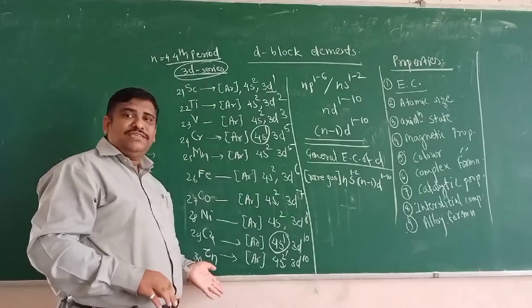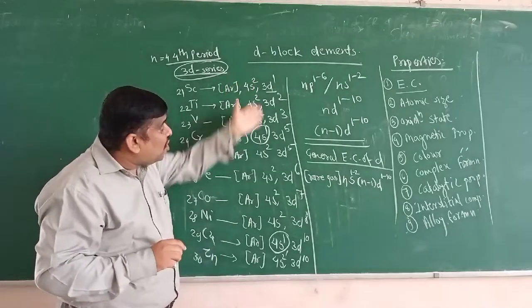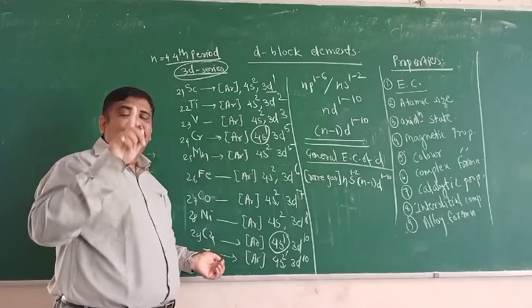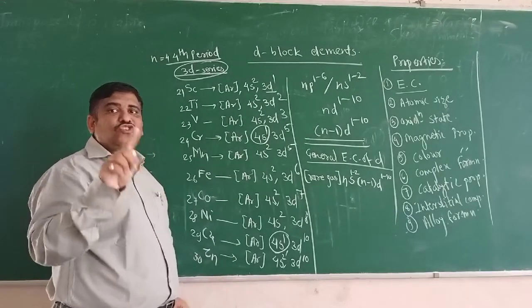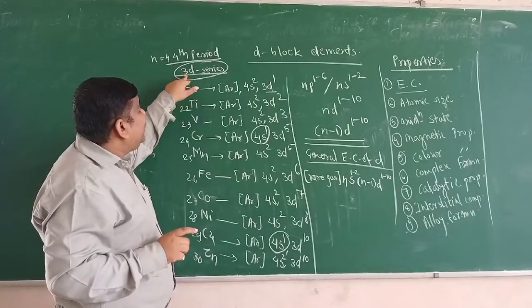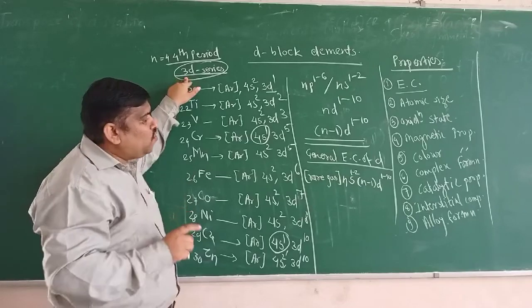In the 3d series, you have 10 elements. The question was for 1 mark, therefore you cannot write all these 10. It is foolishness. If they are asking for 1 mark, your answer also should be a 1 line answer. They have asked to write the general electronic configuration of the 3d series elements.